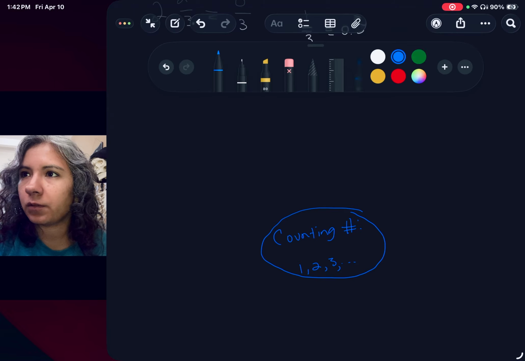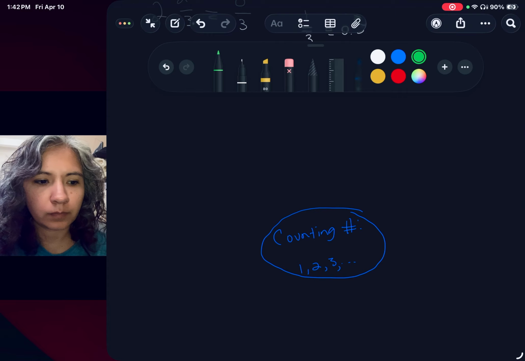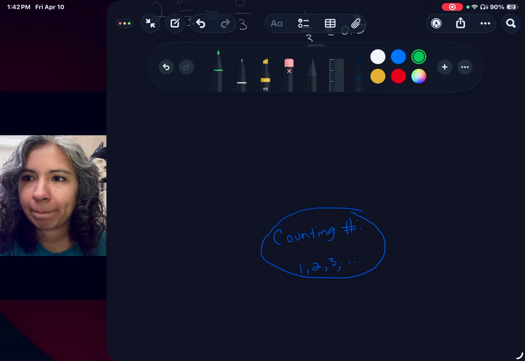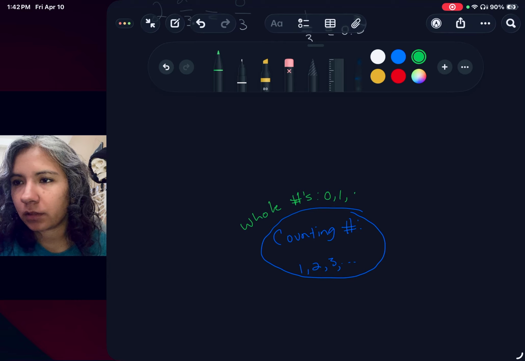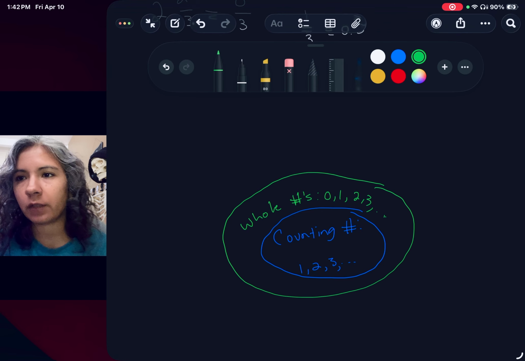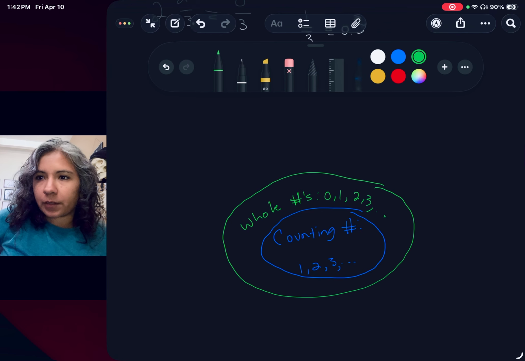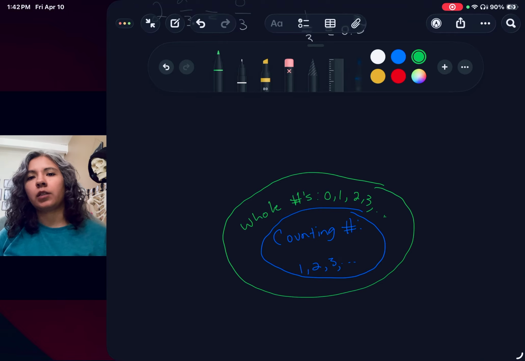And then we'll do whole numbers, which is those same numbers, so it includes counting numbers, but with 0. None of their opposites. So I'm drawing a circle around the counting numbers, because whole numbers includes all of these counting numbers.